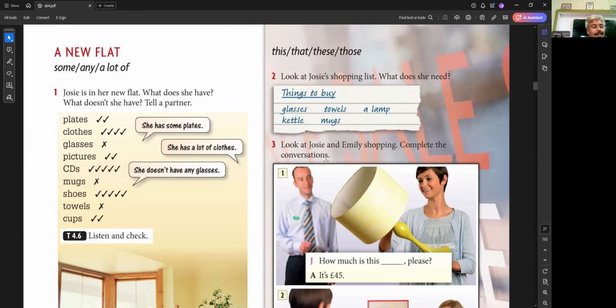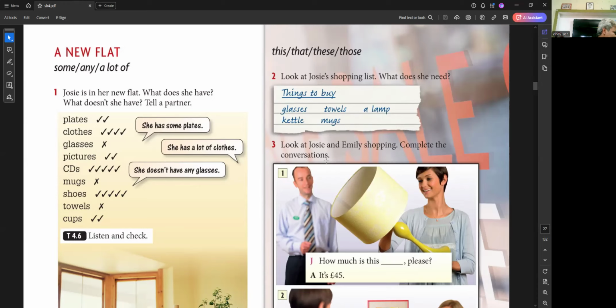Okay, so guys, take a look at the list. She needs to buy some glasses, right? She needs to buy some towels, and she needs to buy a lamp, okay? And she needs to buy a kettle. A kettle. They make tea in the kettle.